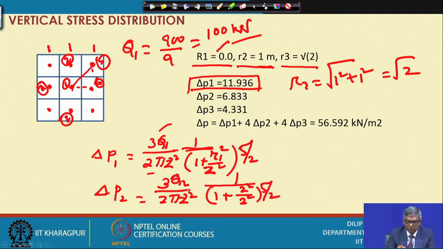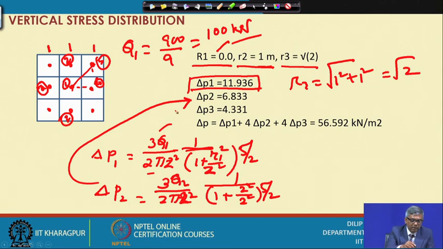And q1, q2, q3, all are the same, so it will be again 300 by 2 pi z square, and this z is nothing but 2. If I apply this equation, I will get this value delta P2.